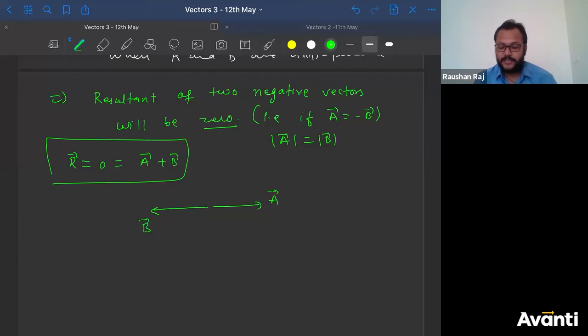So two vectors having equal magnitude but in opposite direction will always give you resultant vector, or addition of vectors, as 0.